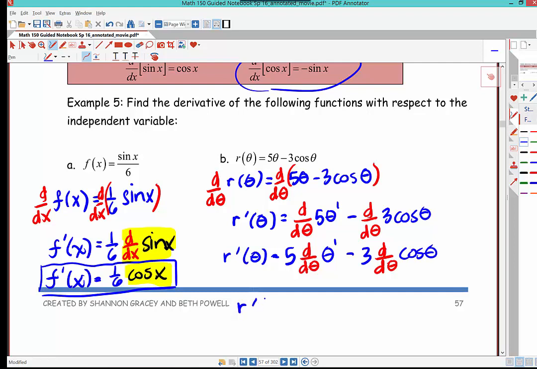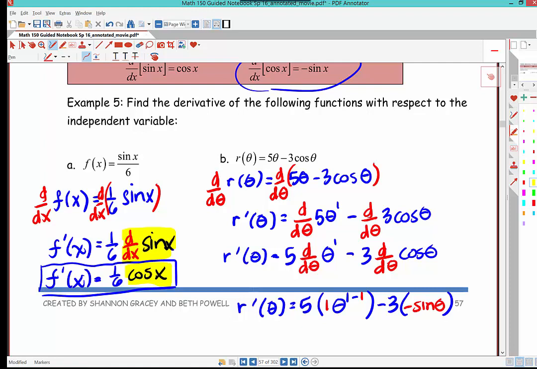So we'll get r prime at theta is 5 times, good, 1 times theta to the 1 minus 1, and then minus 3 times, good, we'll have negative sine theta.